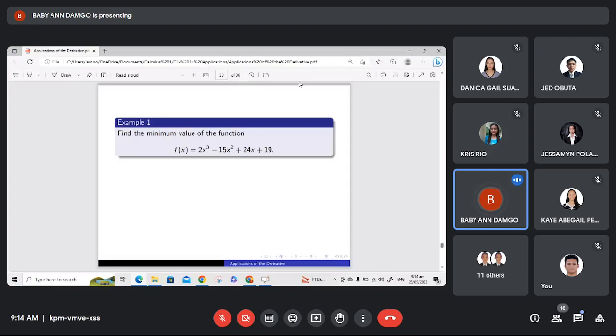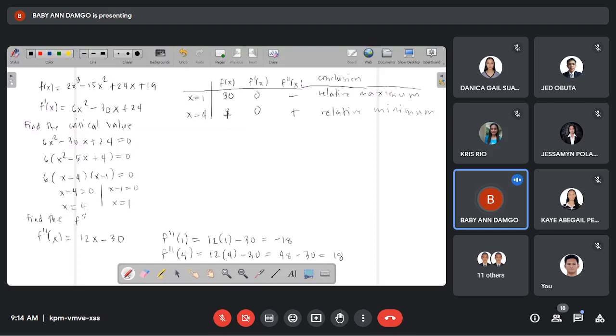So meaning, the minimum is here. So therefore, the minimum value is at x equal to 4. So your f of x is equal to 3.